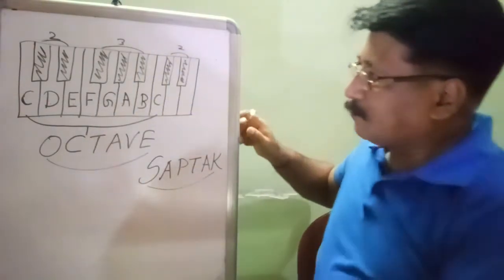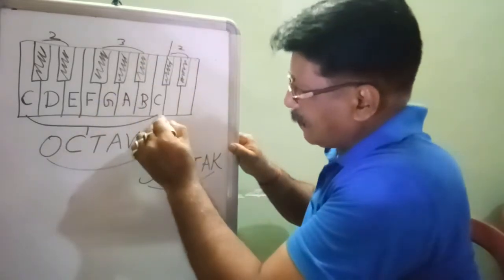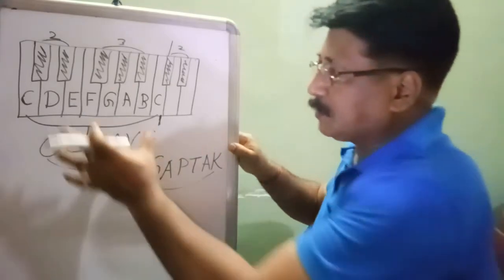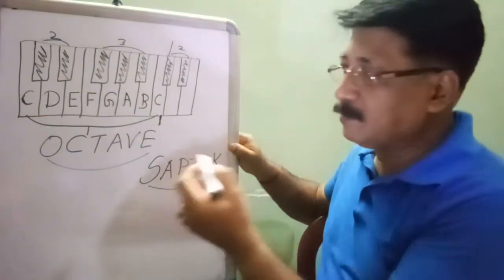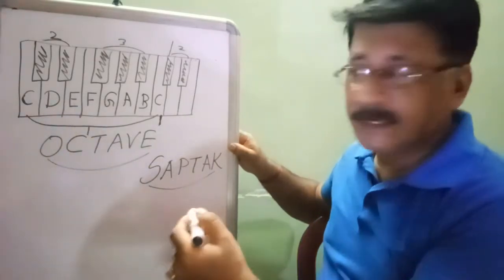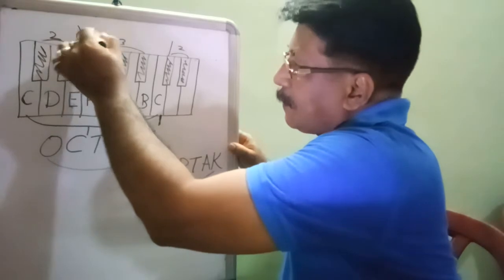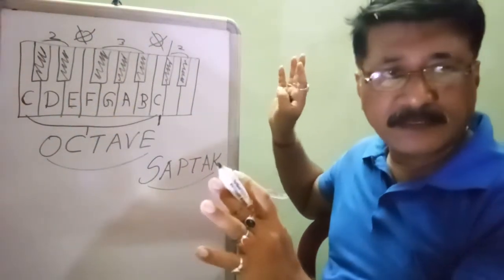From this C to this C, this is the boundary. You will find there are 5 black keys in between the white keys, and there are 2 places where there is no black key in between. That is between E and F and between B and C. There are no black keys.